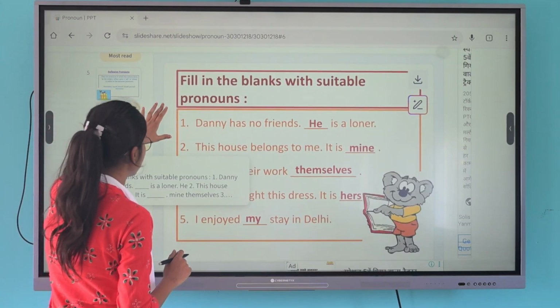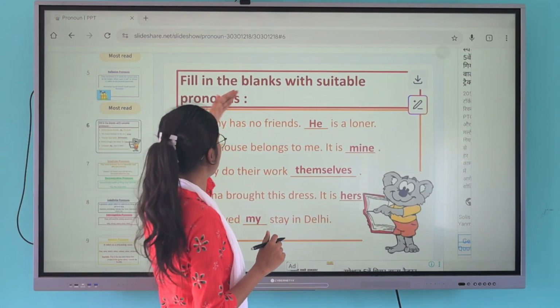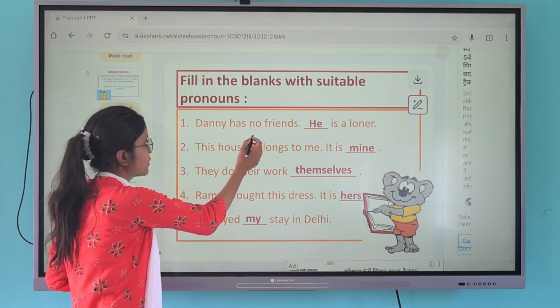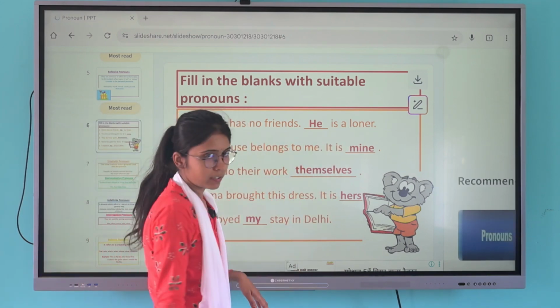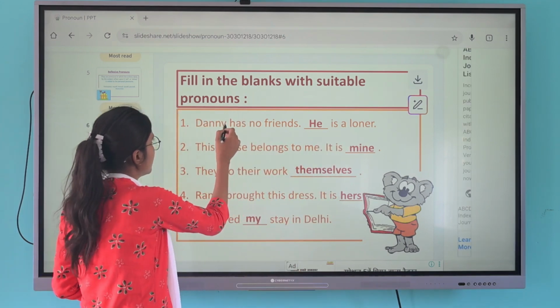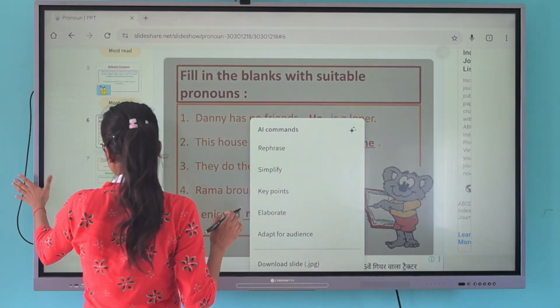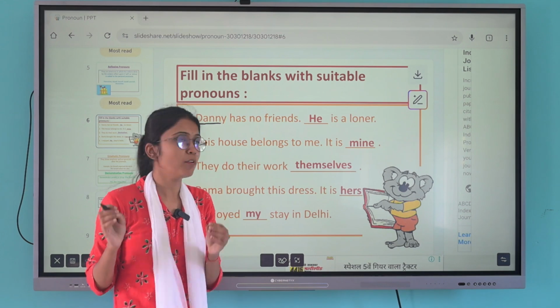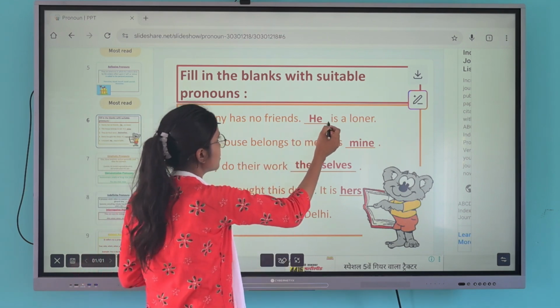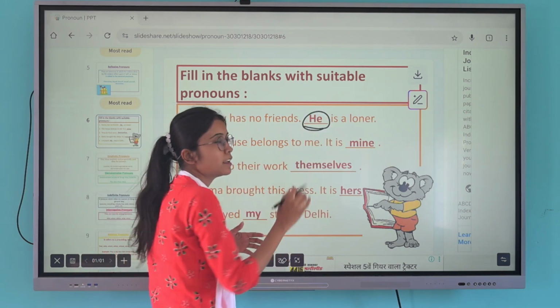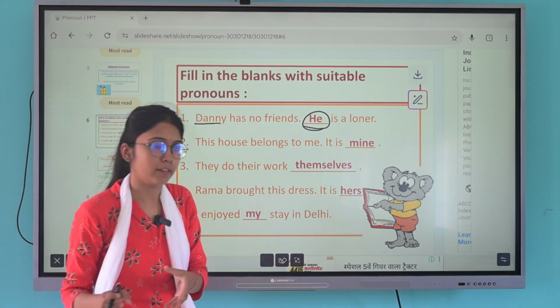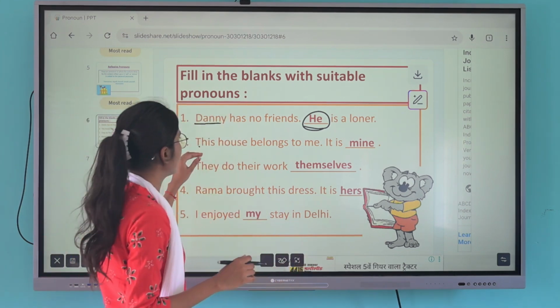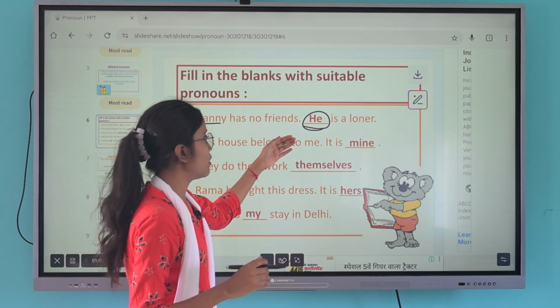Let's see another kind of pronoun, with some examples. Fill in the blanks with suitable pronouns. Danny has no friends. He is a loner. Here Danny is the subject, the name of a boy, so we will use he, because he is used for a boy. The second one: this house belongs to me.